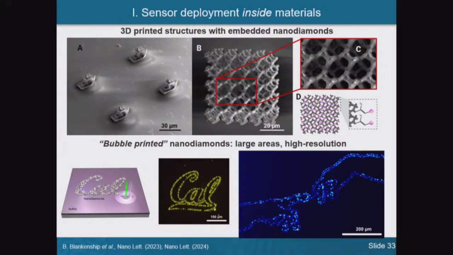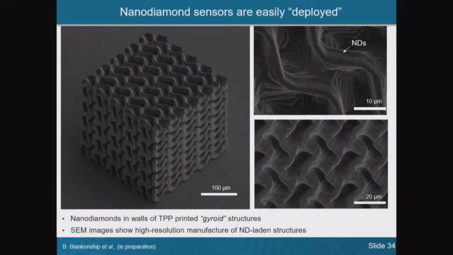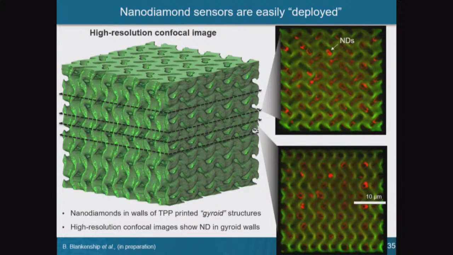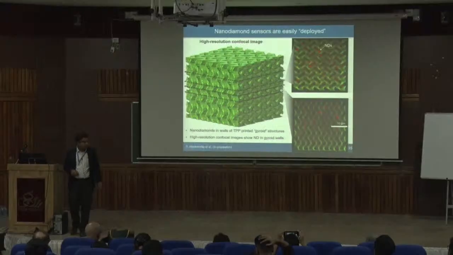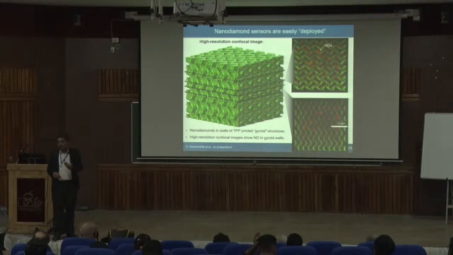So here are some examples. I want to show you this 3D printing really works well. This is maybe not a very good projector screen, but this is an SEM picture of this 3D printed structure. And what we're doing here is confocal imaging. This structure is called a gyroid. It is provably the largest surface area structure, and it has these large pores.